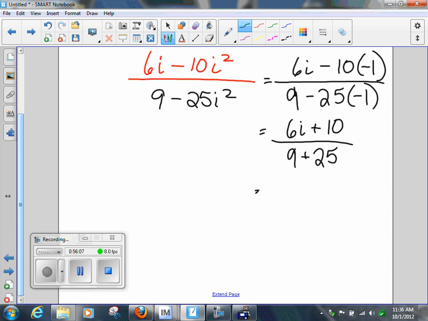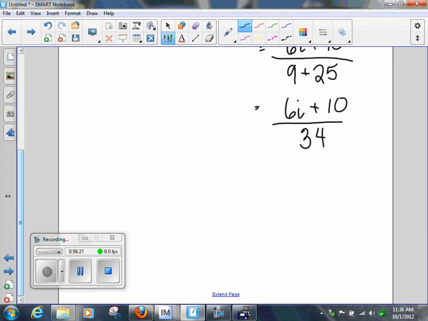We'll simplify again. 6i plus 10 over 34. Factor out a GCF. We've got to reduce this thing. Make yourself a note: to reduce, take out the GCF and cancel.